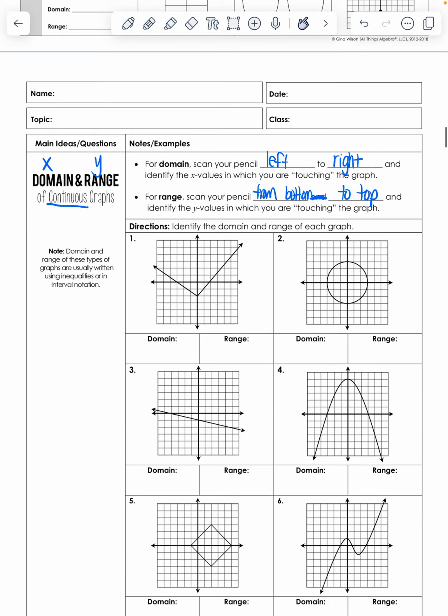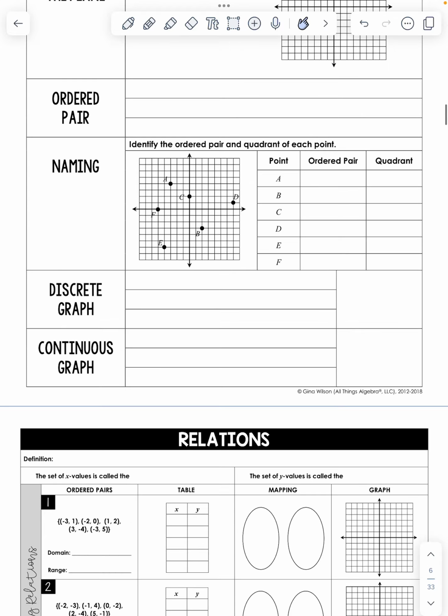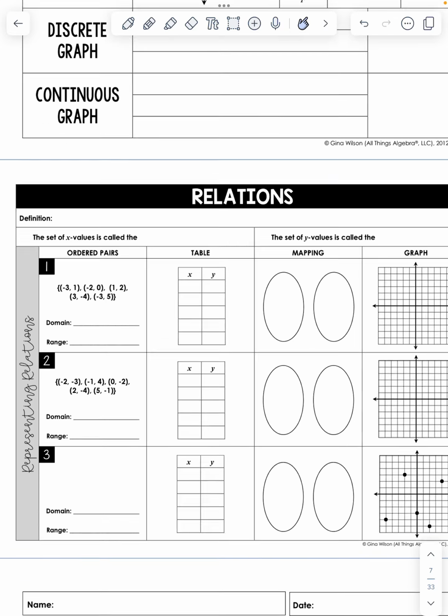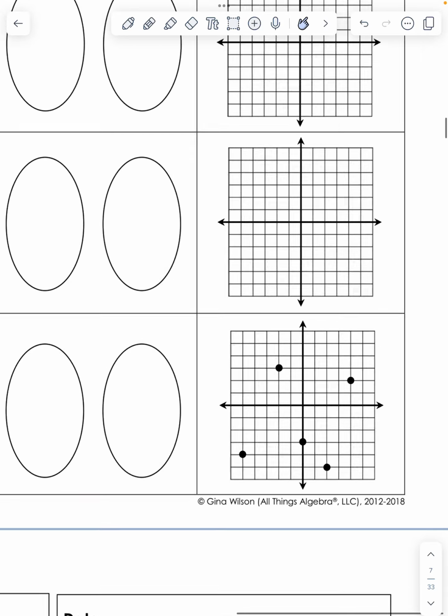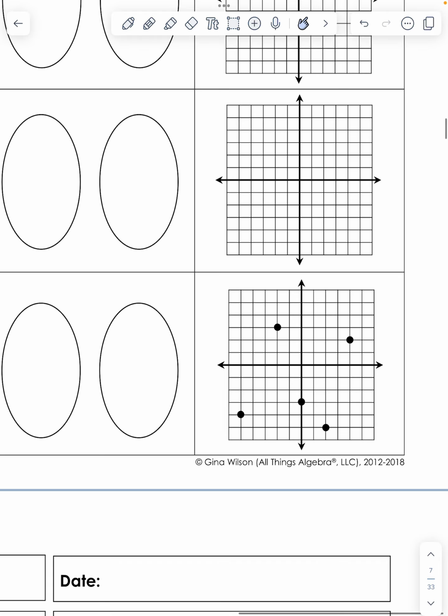Previously, with domain and range, if I said, what's the domain for this graph here? What I would do is list all of the X values that are on these ordered pairs. Here's the smallest X value point. This is at negative 1, 2, 3, 4, 5.